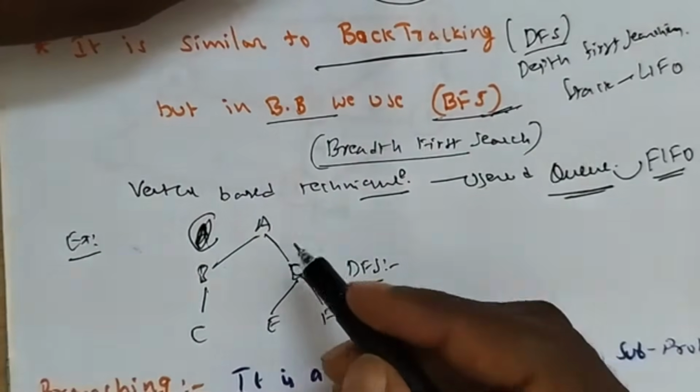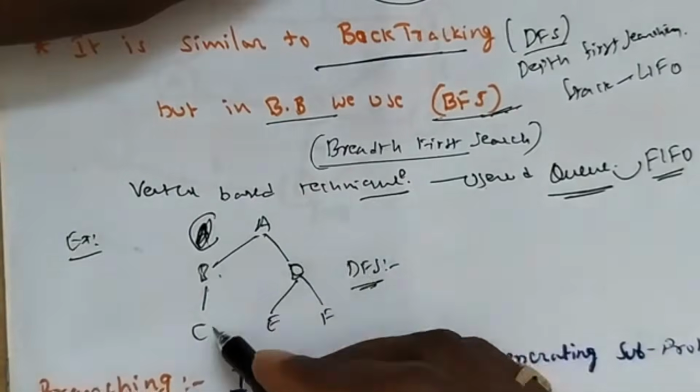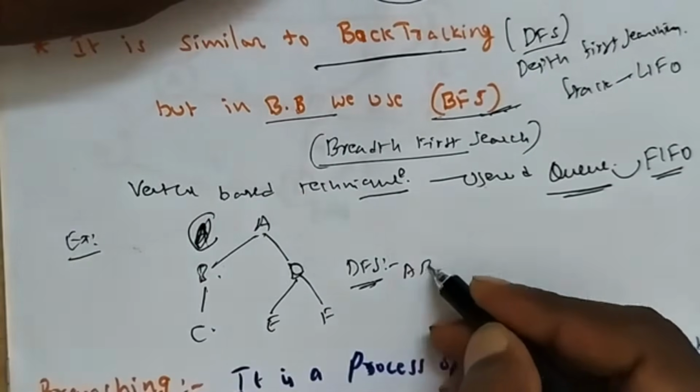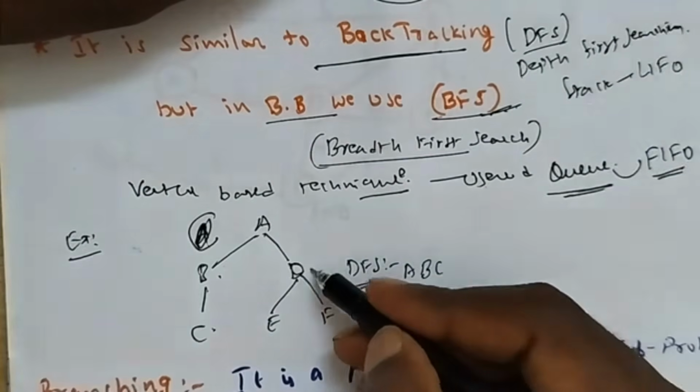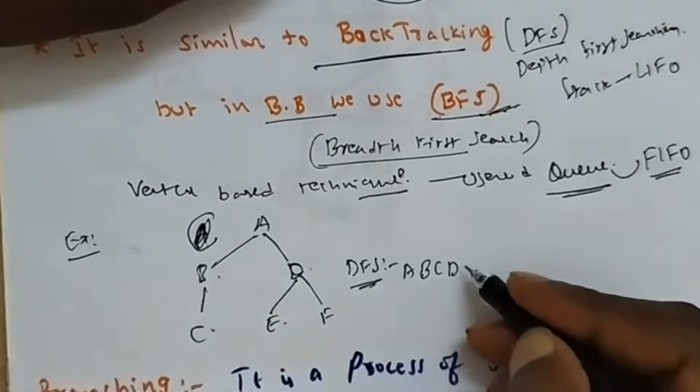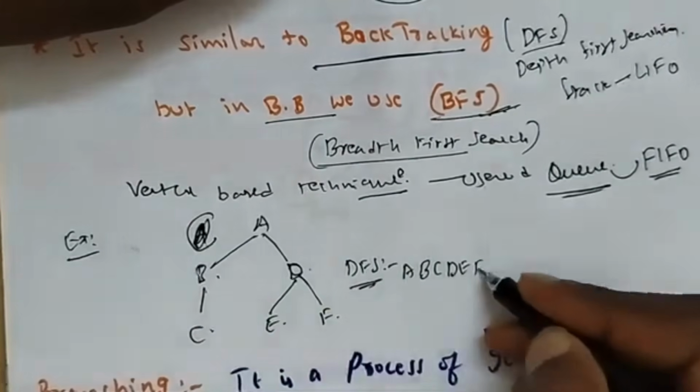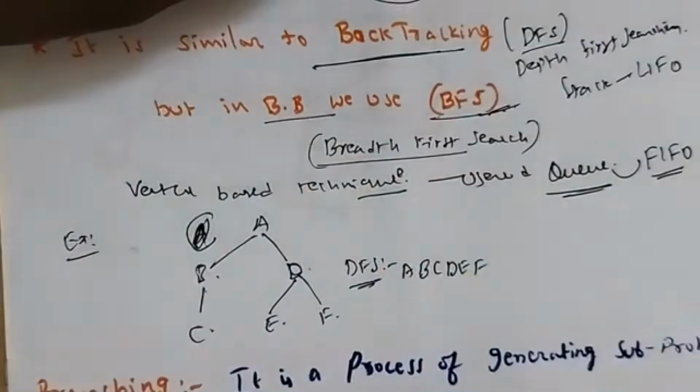From here it will go A, B, then C, then D, E, and the last one is F. It will go from top to bottom.